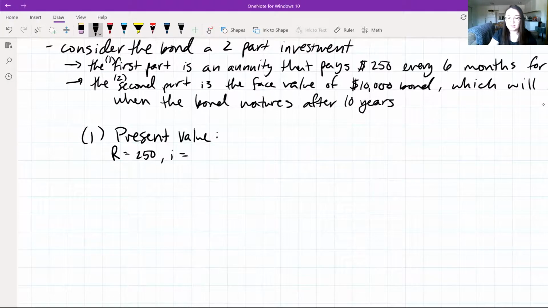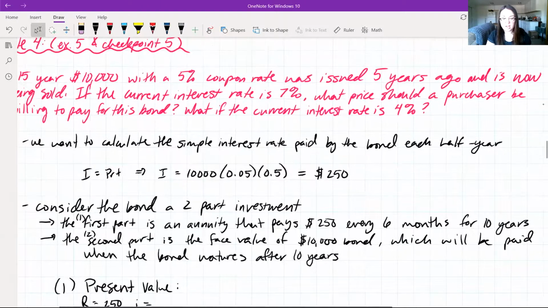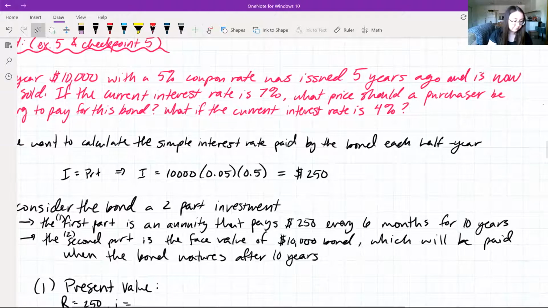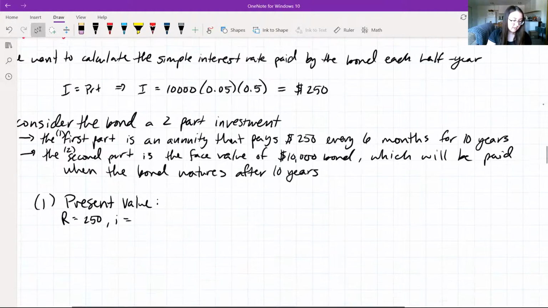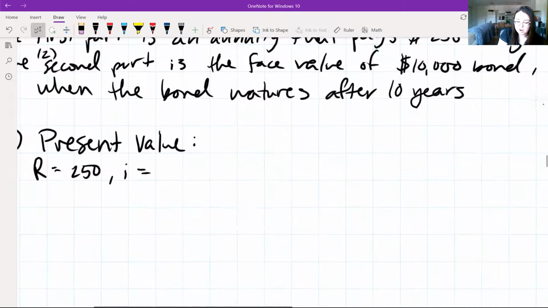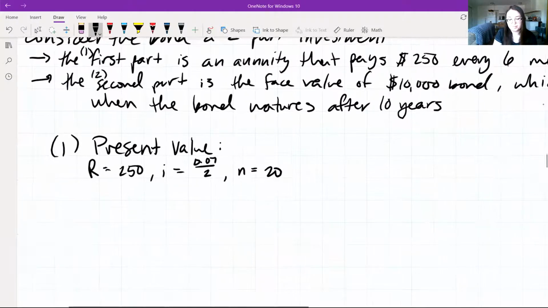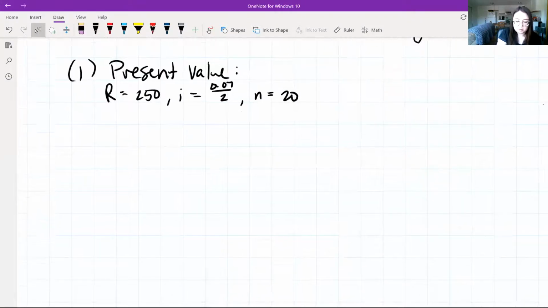I is going to be, since we're saying that our current interest is 7%, 0.07 every 6 months, so technically semi-annually, twice a year. And our N is going to be twice a year for 10 years, so 20. So I can plug everything into our equation.